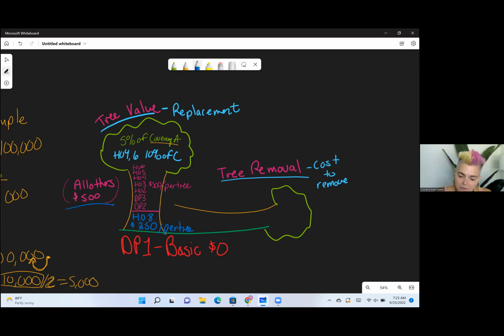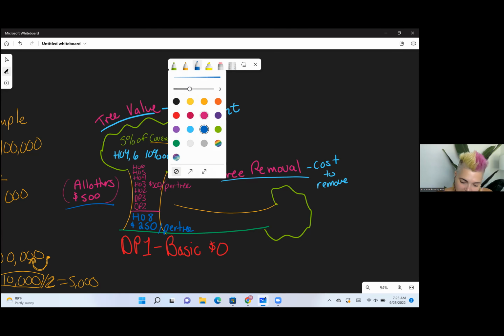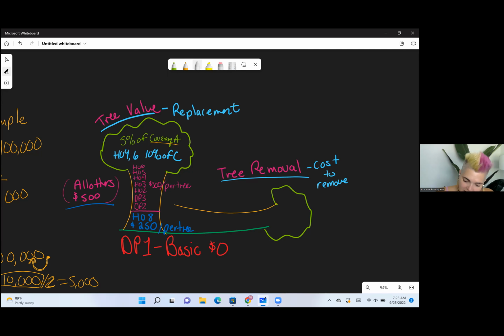Then we have tree removal. How much money do they give us to remove trees? And it's actually very easy. It's $500 per tree, $1,000 max. Basically saying that you are allowed to remove 2 trees at 500 each.